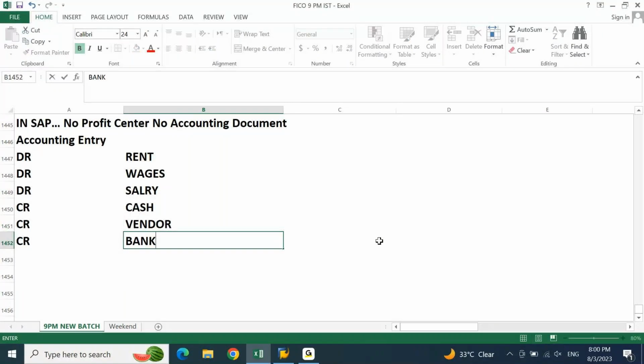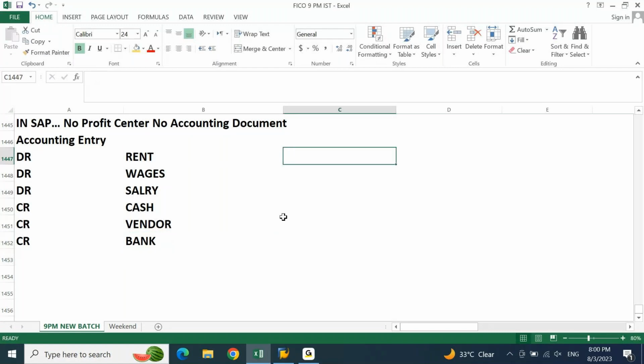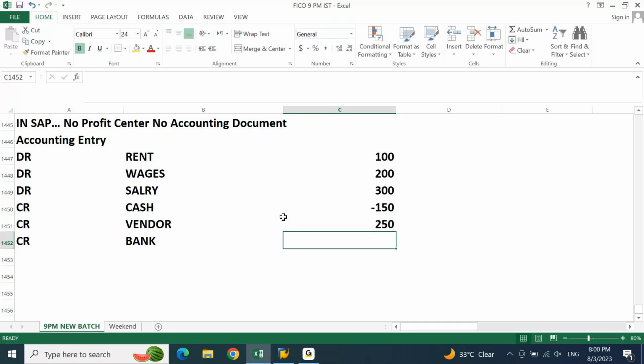This is an example I'm writing. And debit, I'll put 100, 200, 300, which is overall 600. I'll put 150 here and 250 here. This is 400, and then I'll put 350 here.